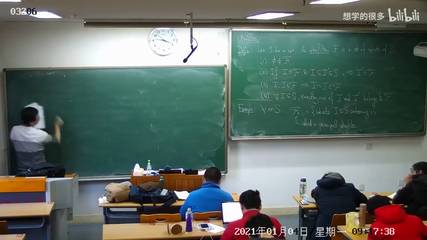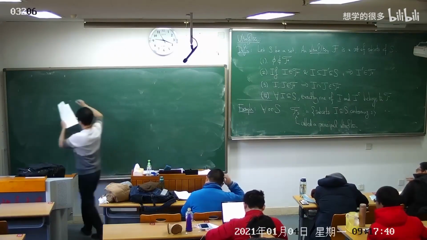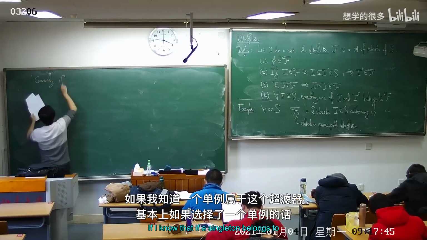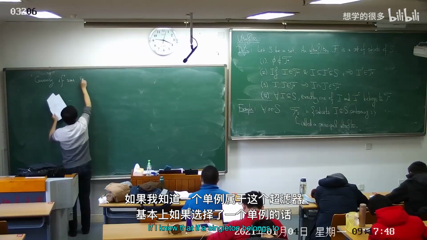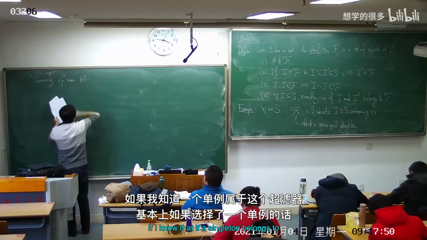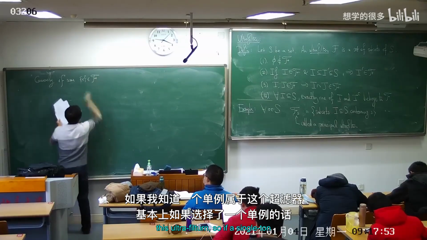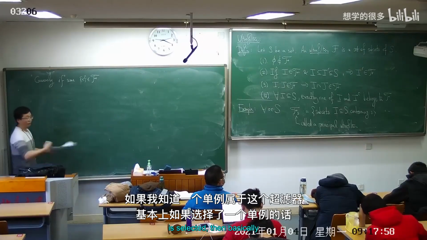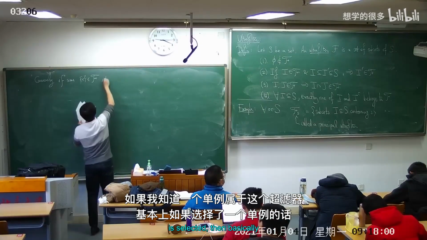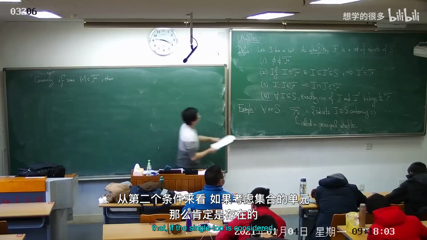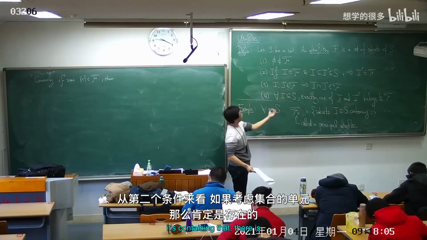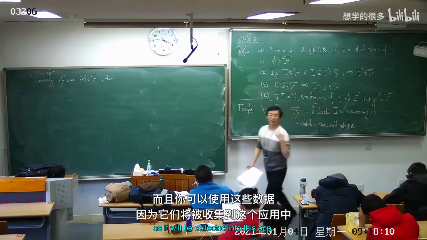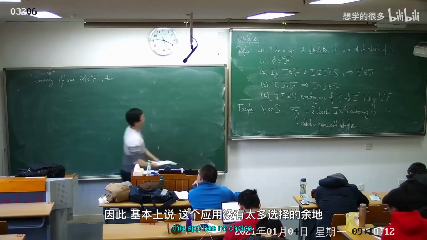Here's another line. If a singleton belongs to this ultrafilter, namely if the singleton {s} is selected, then by the second condition, any subset containing s will be selected into this F. So therefore, this F has no choice.